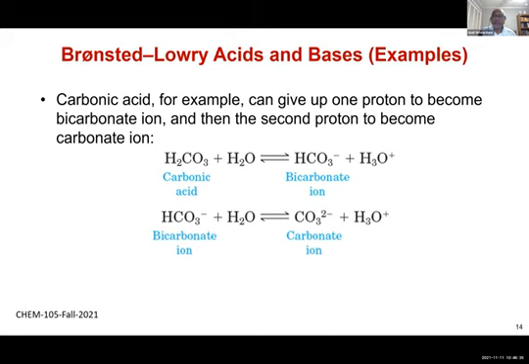Not like HCl, which dissociates completely.